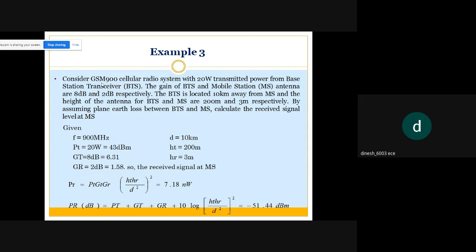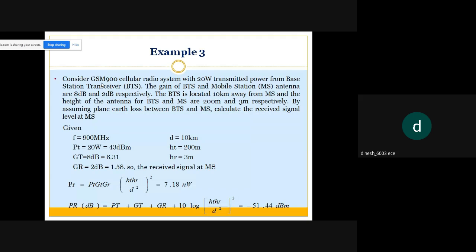By assuming plane earth loss, this is the term you need to identify. Assuming plane earth loss, which is your two-ray model or ground reflection model, between the base station transceiver and the receiver, we need to calculate the received power at the mobile.